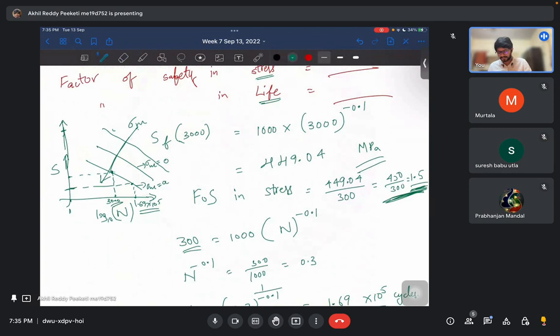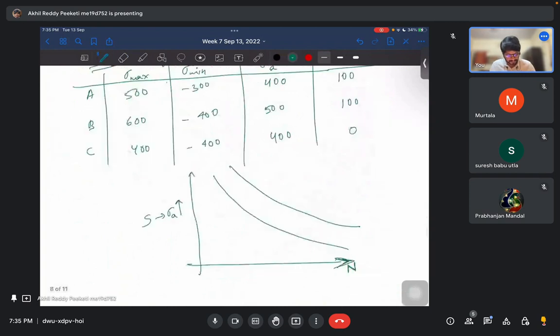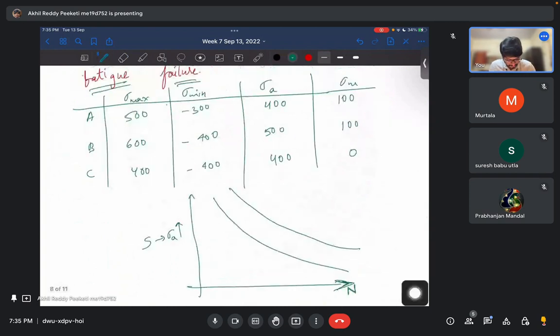So with sigma m increasing, the graphs will be down. If you take two cases, mean as 0 and mean as 100, then if mean is 0, for a given amplitude, it will sustain more number of cycles.